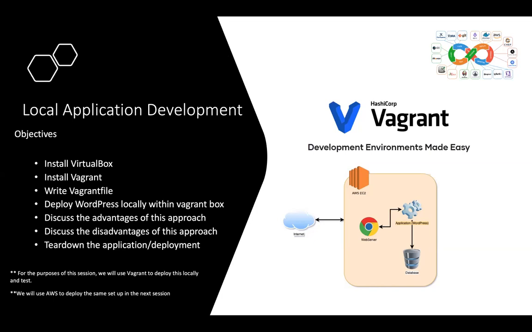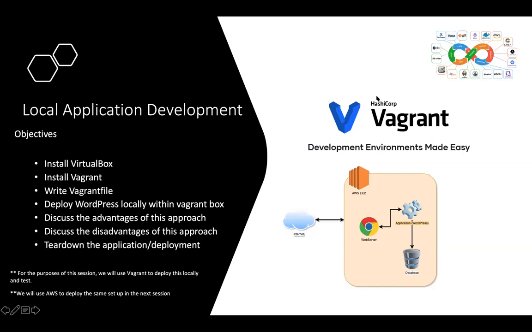Once all this is done, we'll discuss the advantages and disadvantages of this approach, because, as the diagram on the top right-hand corner of the presentation shows, the continuous feedback loop is required as part of a DevOps engineer's work. At the end of the day, we'll destroy everything we did, so you don't consume your laptop resources.